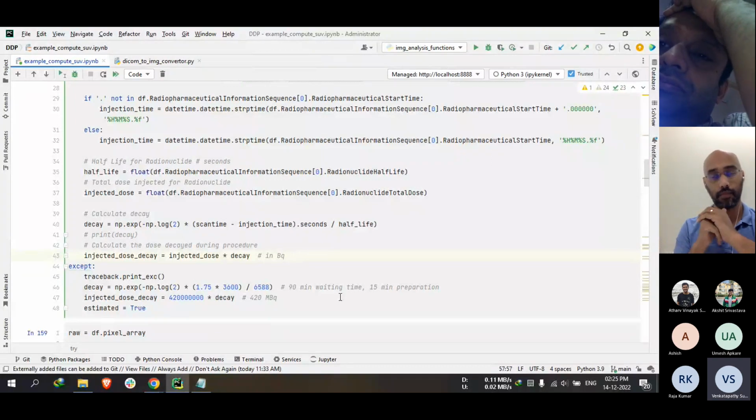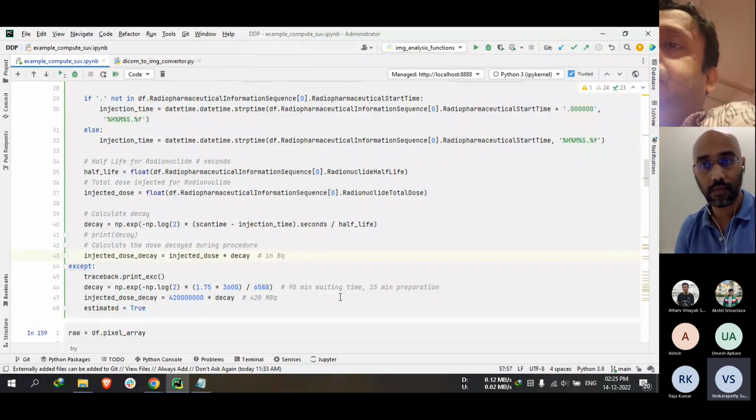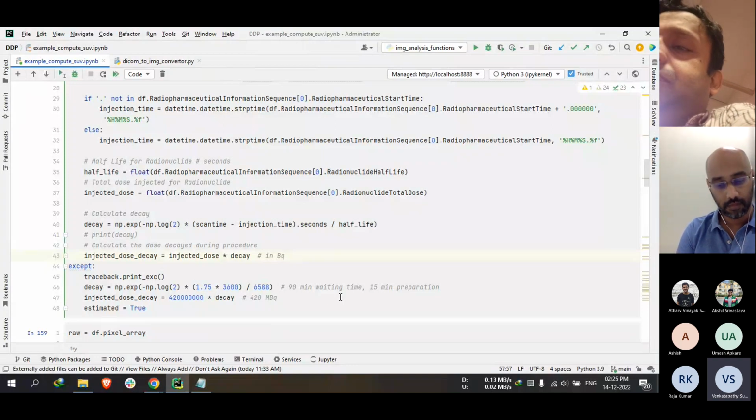So there are different combinations. There could be metastasis, there could be an organ, there could be metastasis within an organ where the SUV will be different. So for each of these cases we will have labeling functions and see if we can filter. And our goal is to detect the metastasis alone based on SUV. Right. And what would be the range?